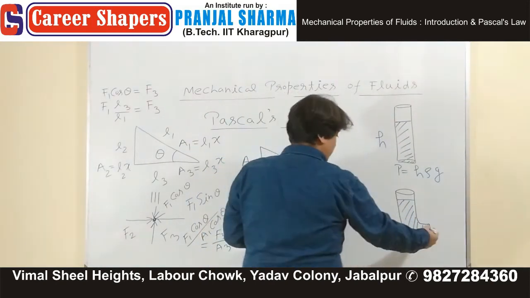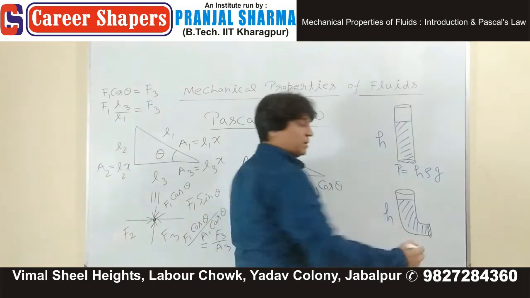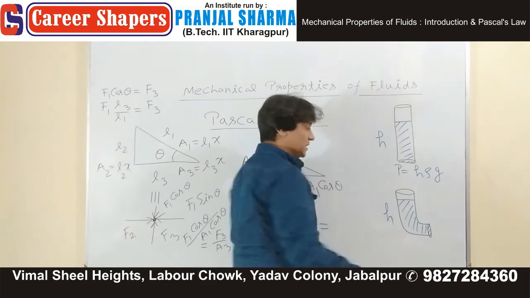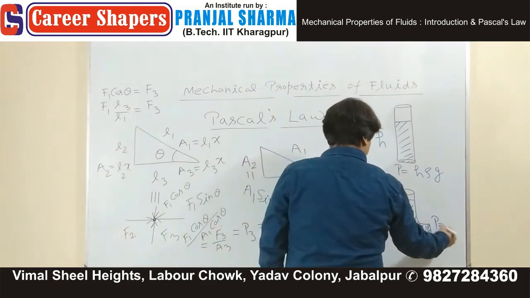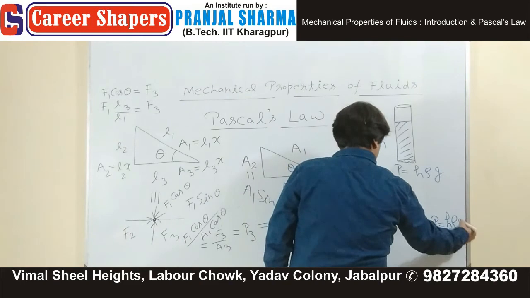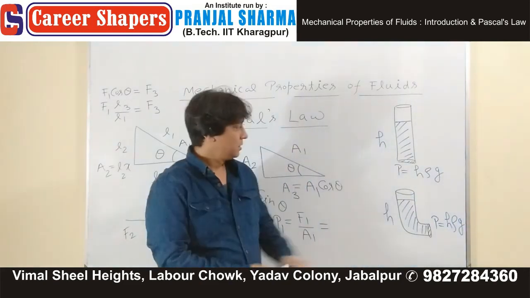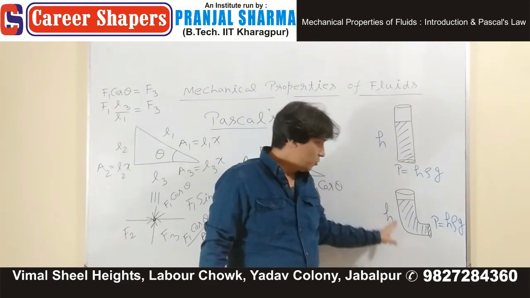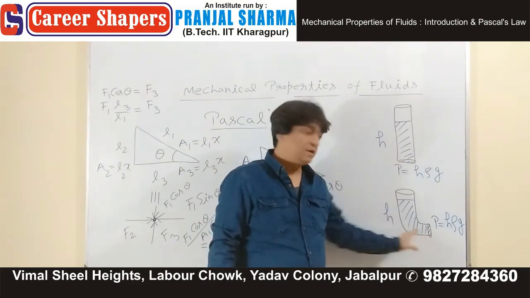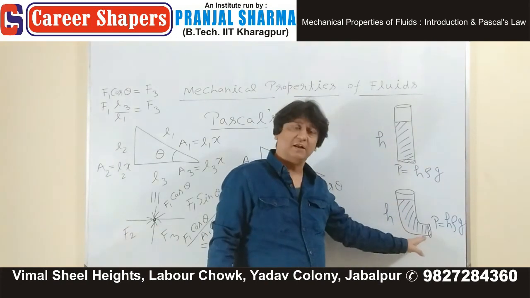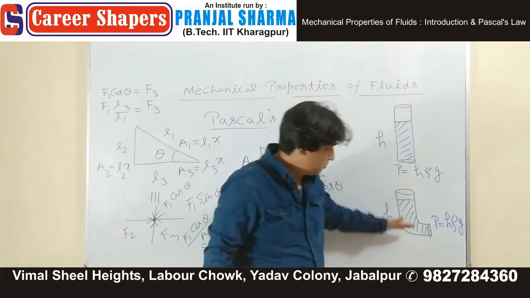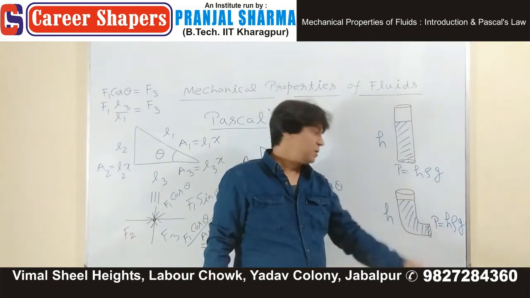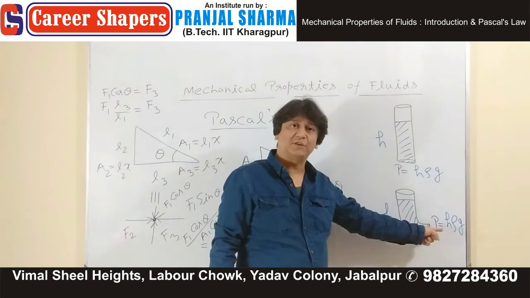Once you change the shape, if this height is h, and people ask you what is pressure over here, Pascal's law tells us that pressure at this place is also H rho g. At this place, what is pressure? H rho g. This height is h. If you make a bend in the pipe at the bottom, liquid is going to reshape itself and then it is going to push using same force, therefore producing same pressure as H rho g.